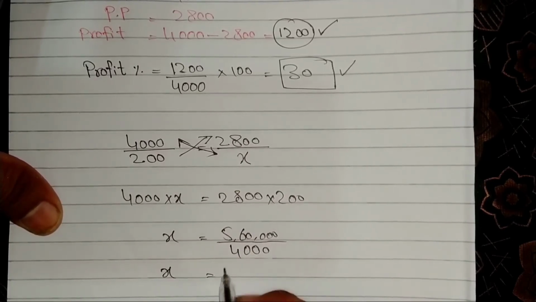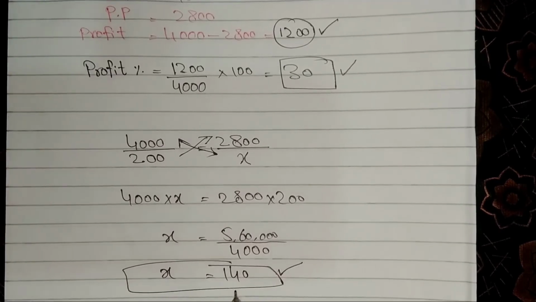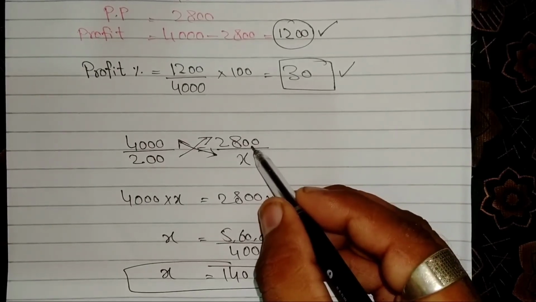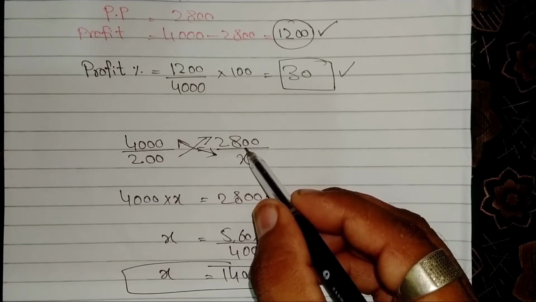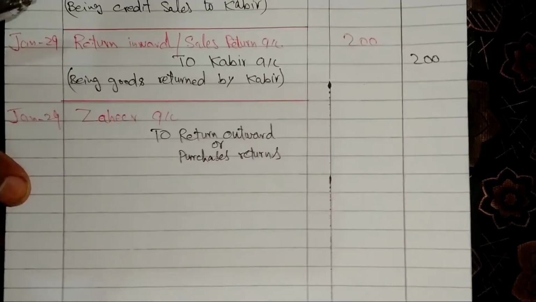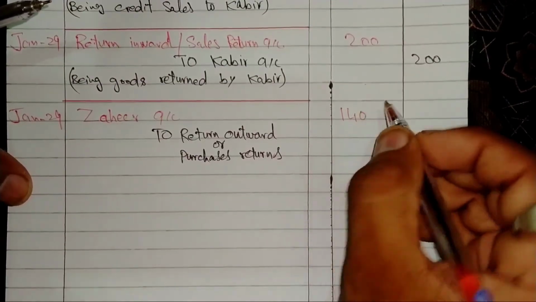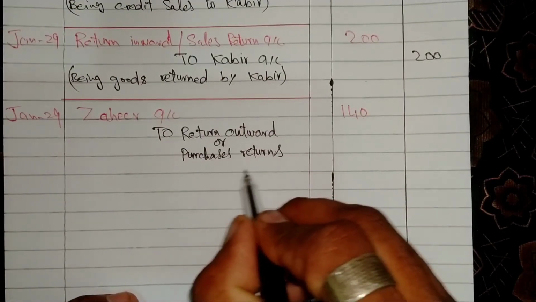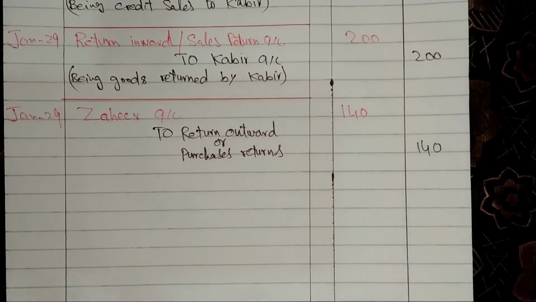This is a returning rate ratio against $2,800. It will be returned by the business to its supplier, which is Zahir. So Zahir account will be debit with amount $140 to returns outward or purchases returns with amount $140, right?